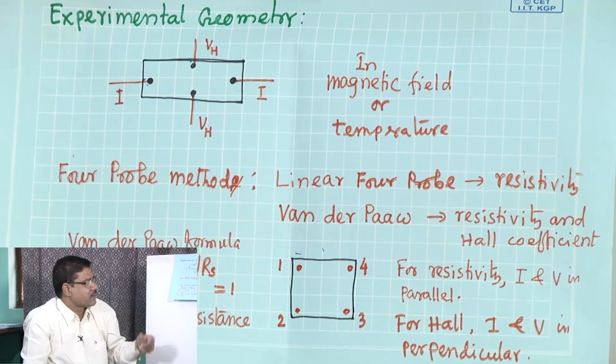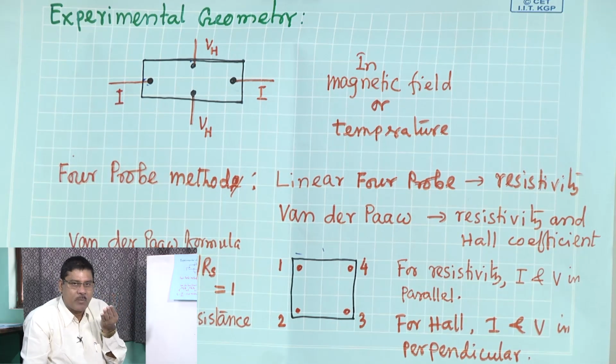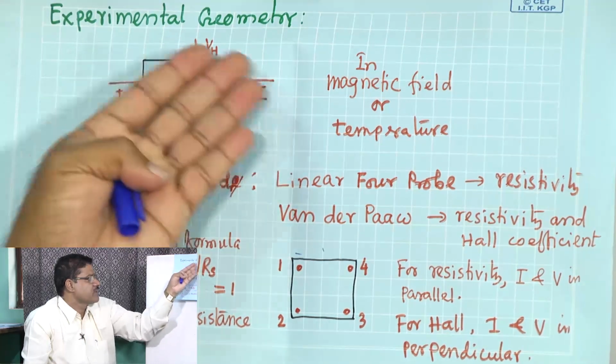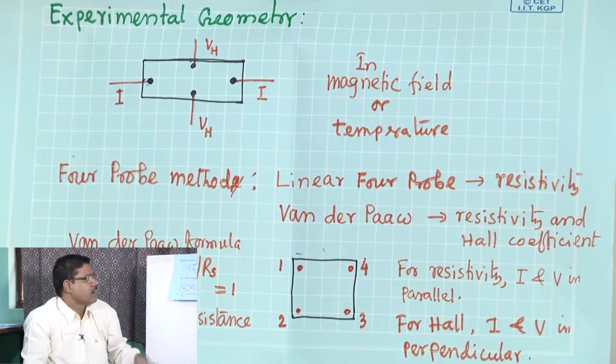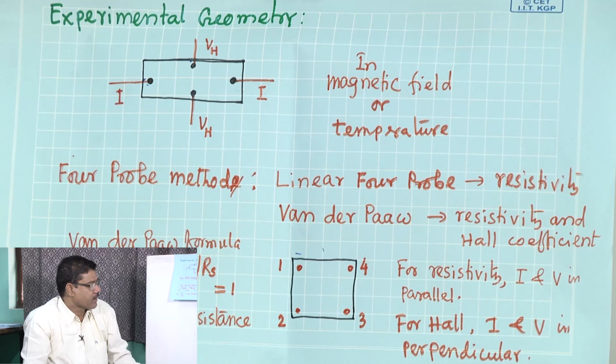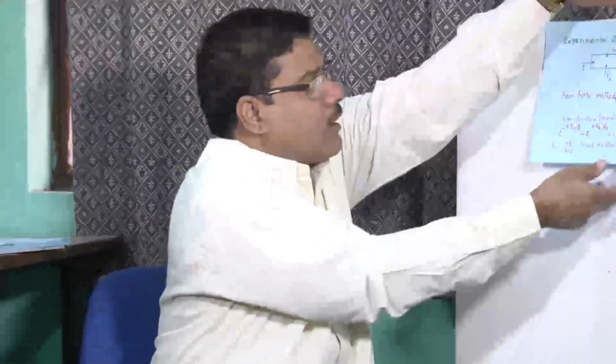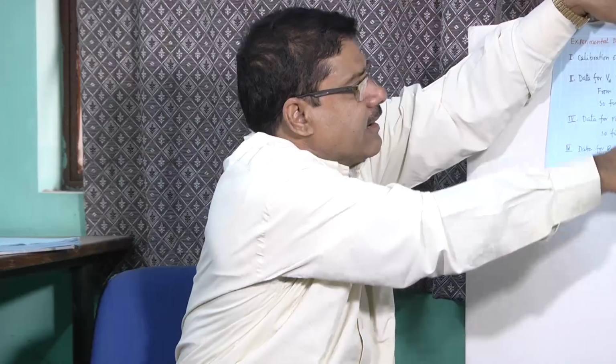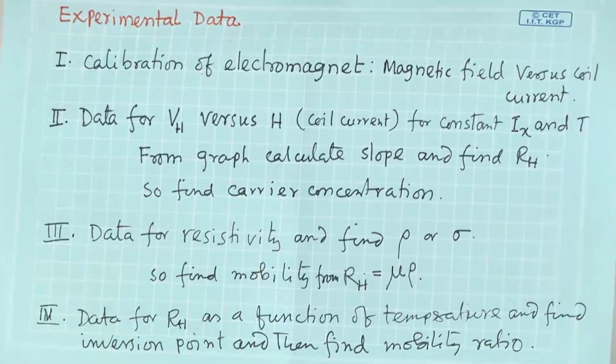So what you need to do? You need to do experimental data collection. Basically you need a magnetic field. So calibration of the electromagnet, that is common: magnetic field versus coil current. One has to do this experiment and plot it.